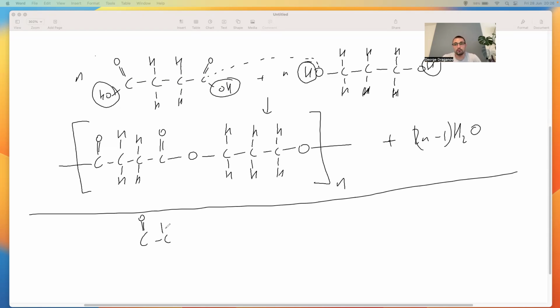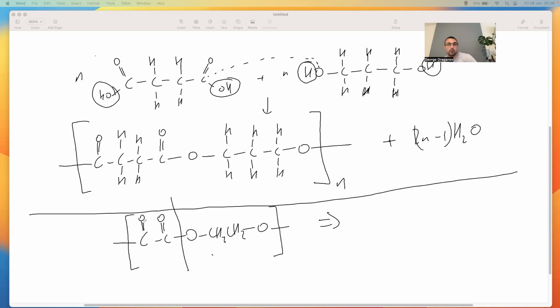So if I drew this, whoops, that's not an ester. This is just abbreviated CH2, CH2 instead of drawing it. If someone gave you this and they say, what 2 monomers were used to form this? Then what you do is you break it here and you add back the groups that were lost to make the water.